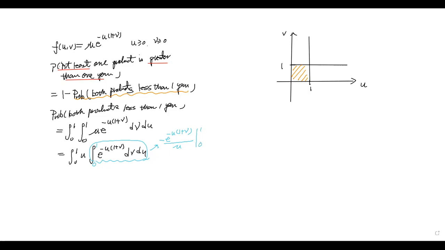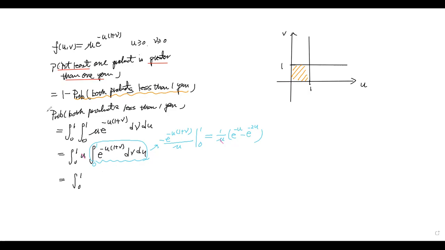So this part becomes 1 over u times (e^(-u) minus e^(-2u)). Plugging in the limits, the u and the u cancel each other out.